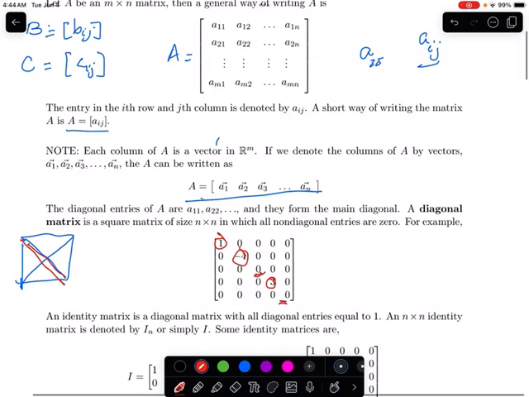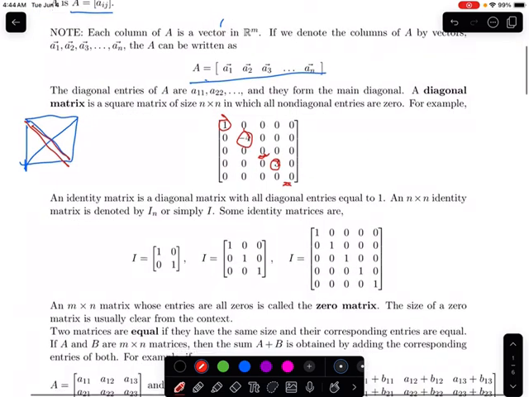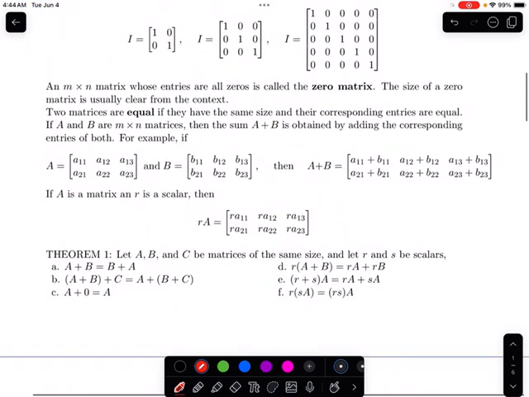Then another special matrix is the identity matrix. The identity matrix is also a square matrix, in which all diagonal entries are equal to 1. It is denoted by I sub n or just I, because remember, the size of the matrix I is determined by the problem or the other matrices we are dealing with.